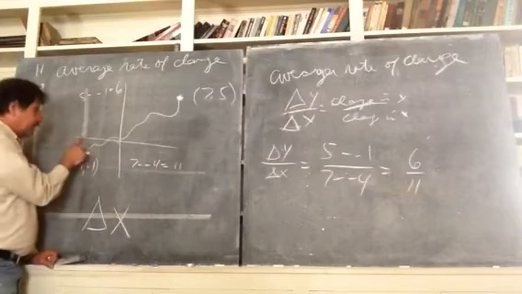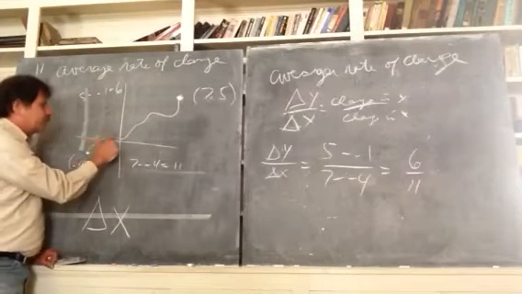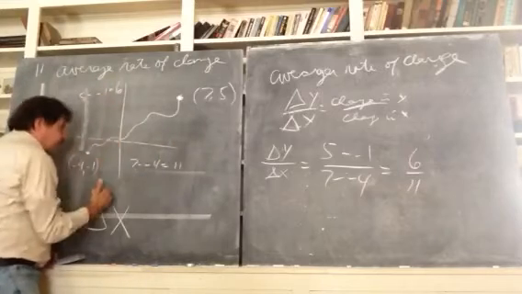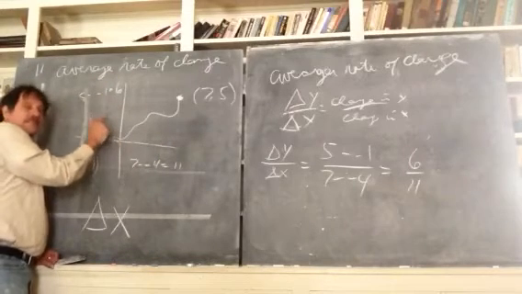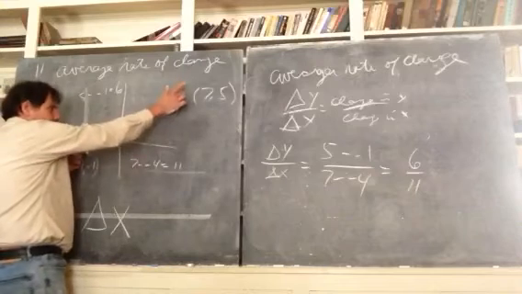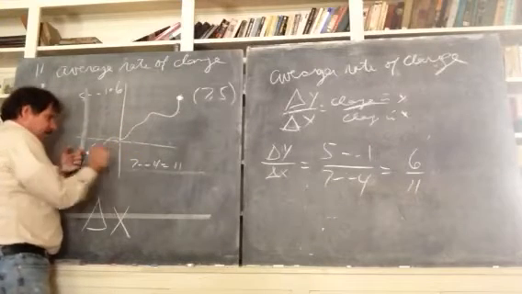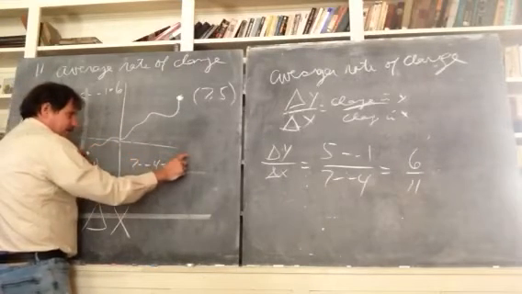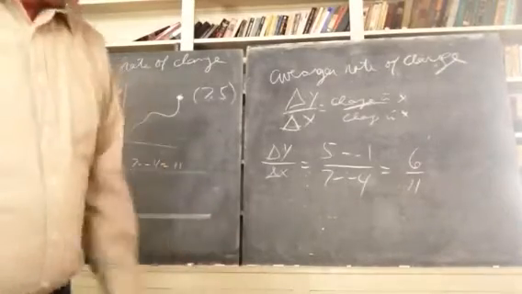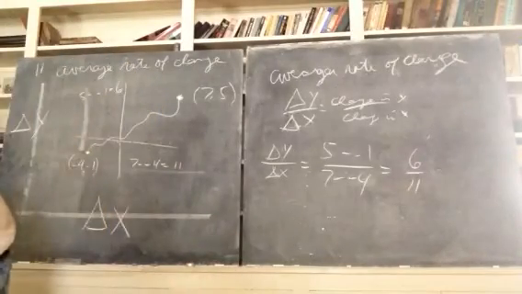All we're saying is, as this incrementally increases by 1, this incrementally increases by 6/11. That's what it is. It's just change in y over change in x.